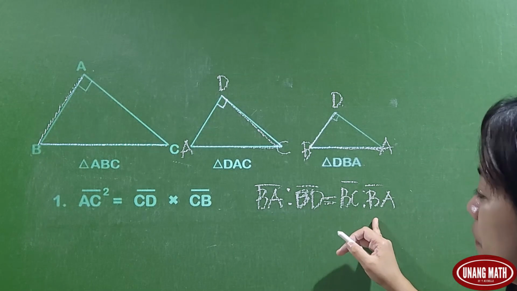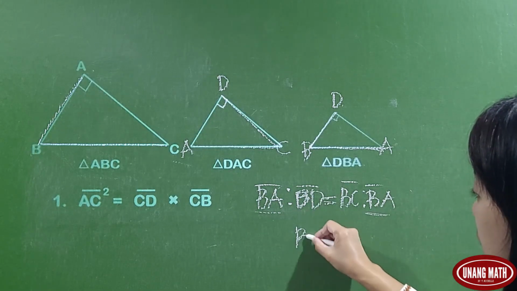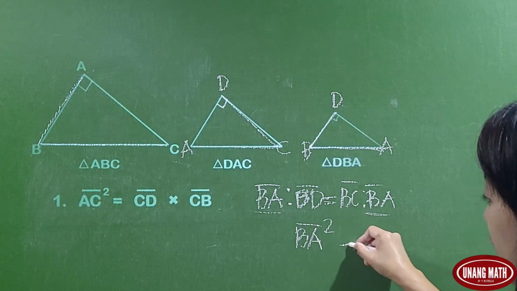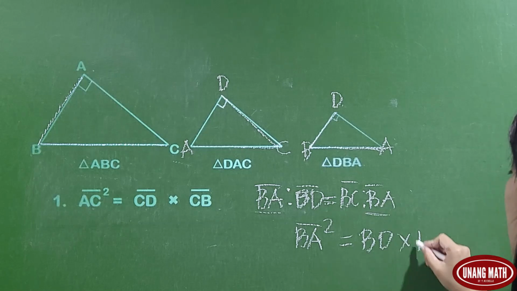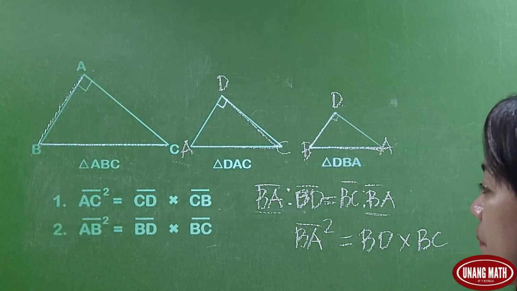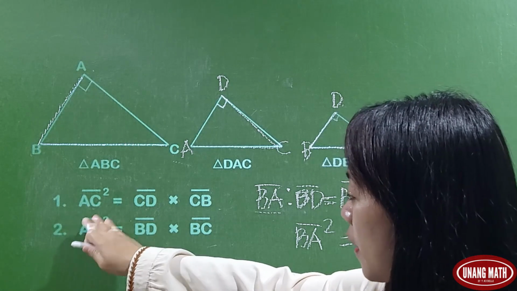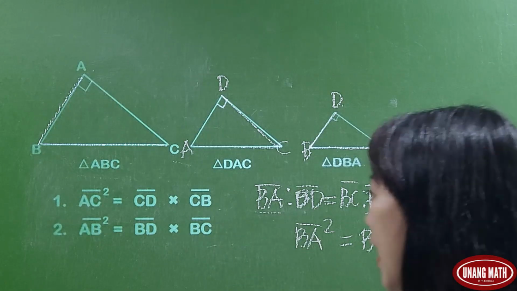If we simplify, BA times BA is BA squared, and we have here BD times BC. So this is now our second theorem. So segment AB squared is equal to segment BD multiplied by segment BC.